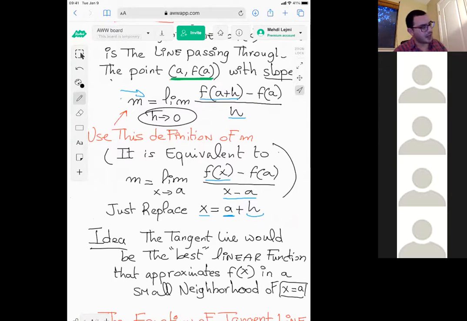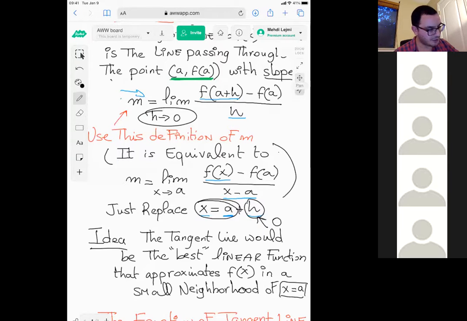This h going to 0 means that actually x approaches a. You see here, x is supposed to be equal to a plus h. So if h is 0, my x is actually approaching a, which means in some sense I am in a small neighborhood of a. That's why my h goes to 0.